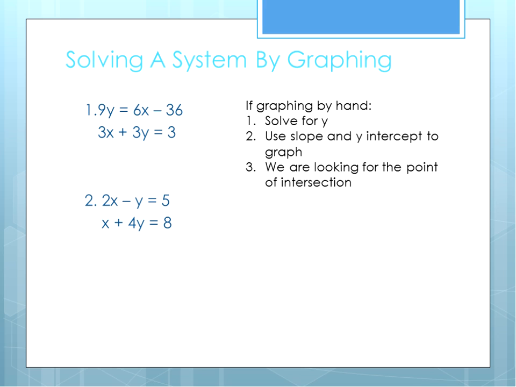It's easy to plug those solutions in and make sure that you're getting true statements when you plug your x and y values in. That's the way we check our answers here. So even if I graph in GeoGebra, I'm going to take the time to go back and make sure that it's correct by checking my answer. So you're going to see the OneNote come up here for you.